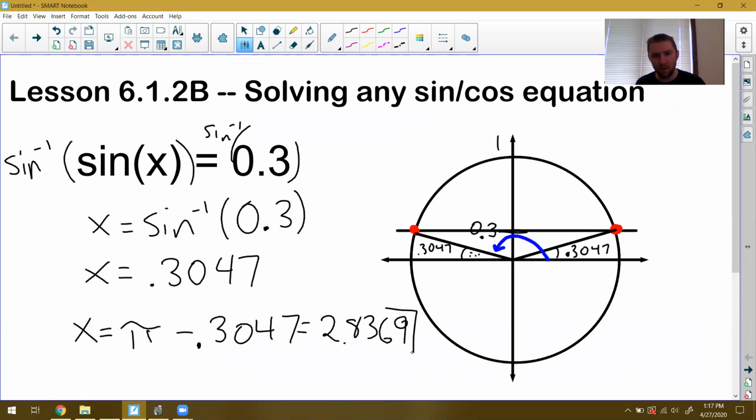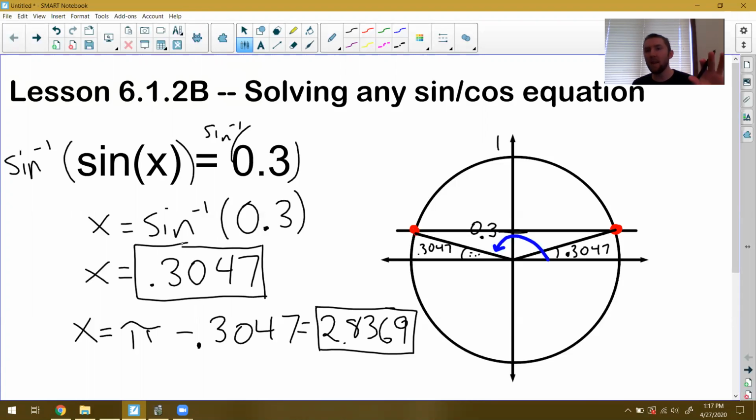So here's one x value that would make this true, and here's the other. Those two x values are the angles in the unit circle that make sine equal 0.3.